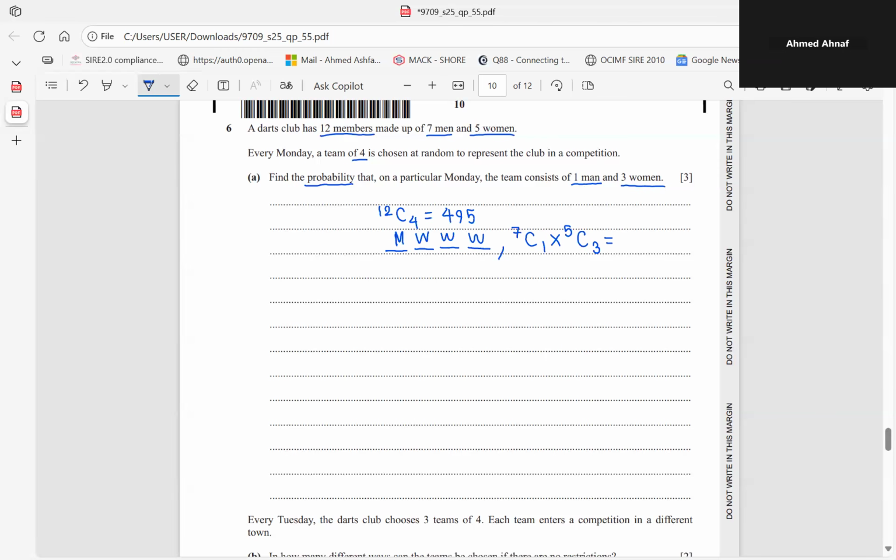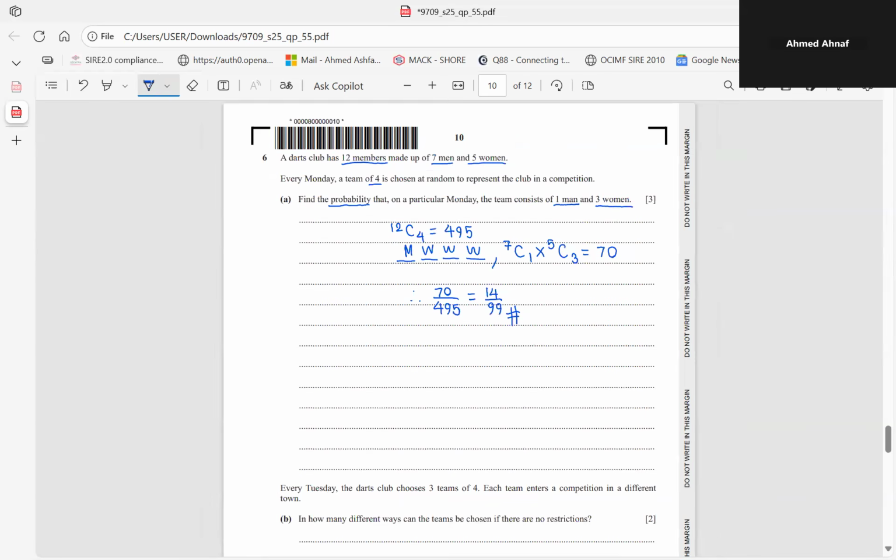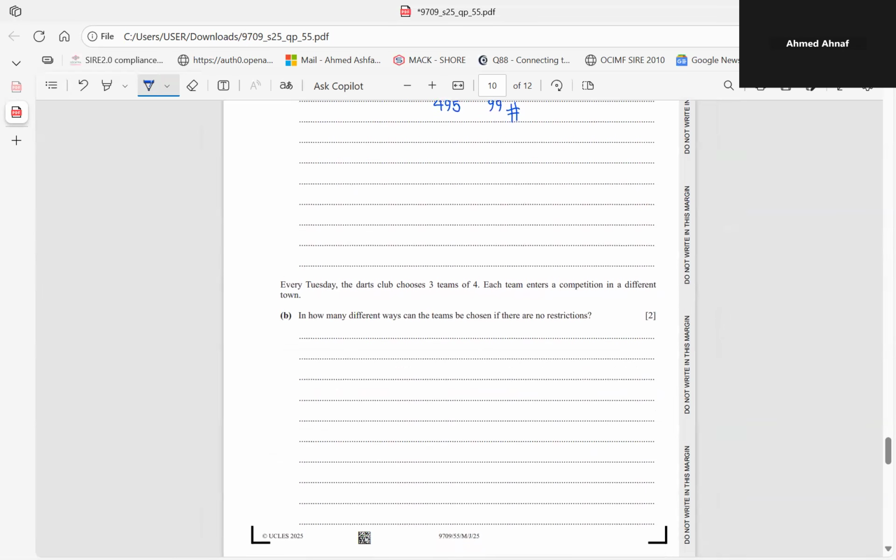So 7 choose 1 times 5 choose 3, you will get 70. Hence, the probability will be 70 over 495, which can be simplified to 14 over 99. So this is our final answer for the first part. Let's head on to the next part.